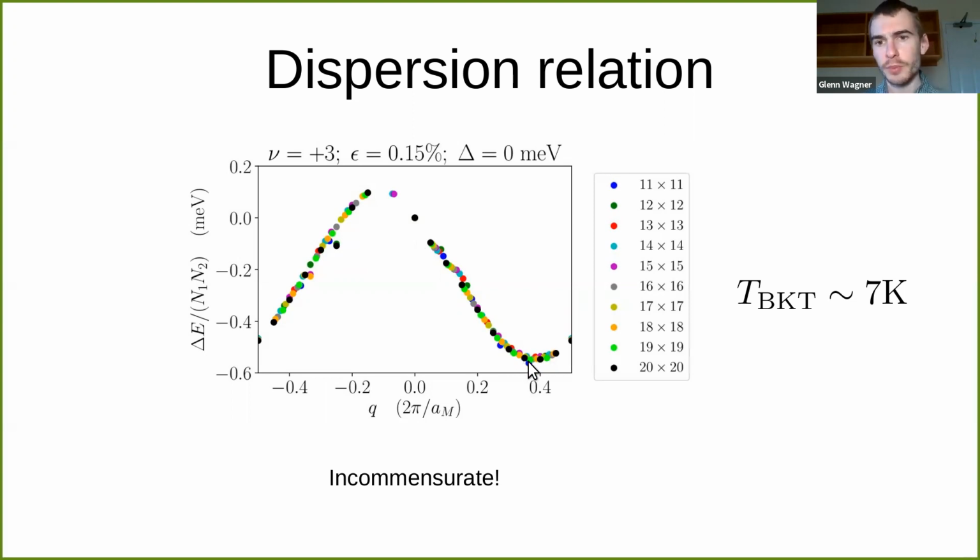But in principle, there's nothing pinning this wave vector to any particular value. The dispersion is relatively smooth, and hence in general we end up with an incommensurate wave vector. Furthermore, if you use this dispersion to extract a stiffness and hence the BKT temperature, we find that it's about 7 Kelvin, which is consistent with the temperatures at which these insulating states are observed.